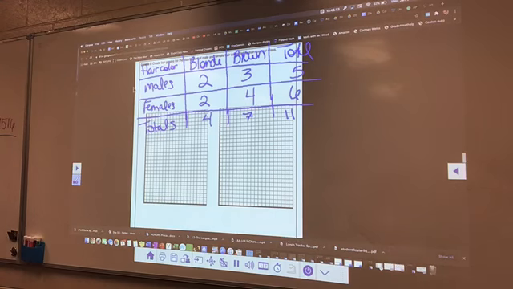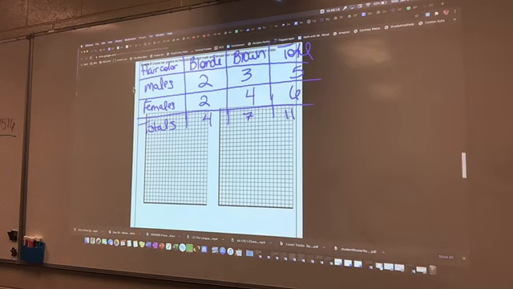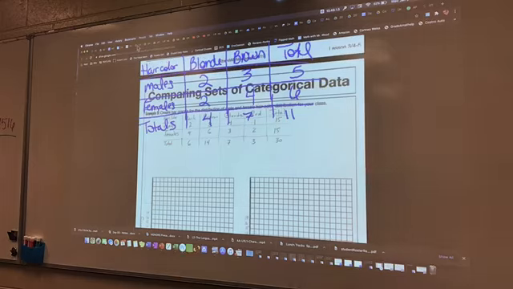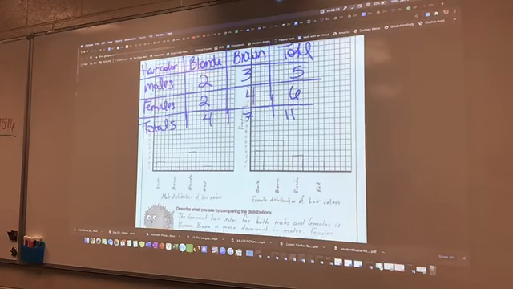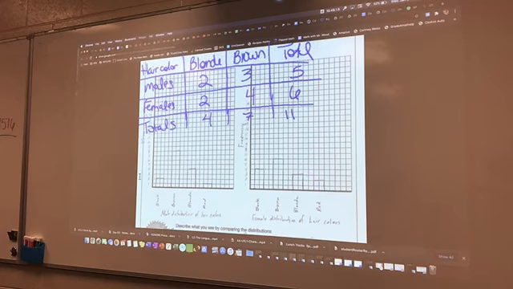Let me show you what that looks like. Yeah, one of each. So one you're doing the male, and the other one you're doing the female. That's all you're doing. Nothing too crazy.